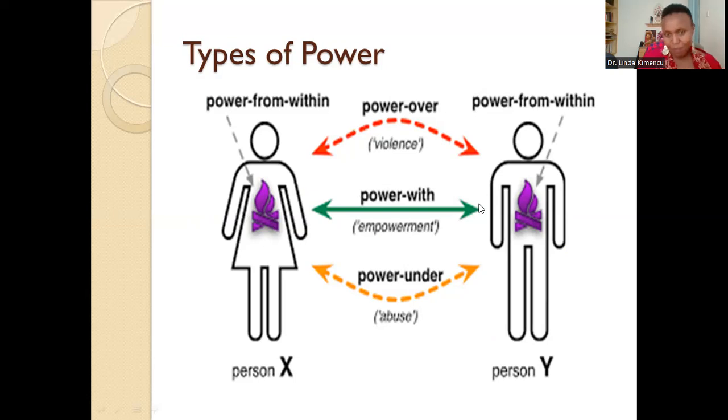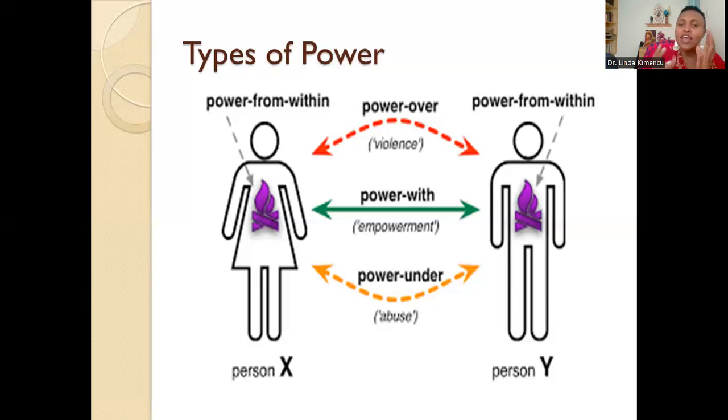power with the people. So power with the people is where two individuals who have enough power from within, or the personal power we're just talking about, the self-confidence, the trust, the emotional intelligence, all those personal attributes that make somebody have a sense of know-how, a sense of self-knowledge that can influence other people to act.